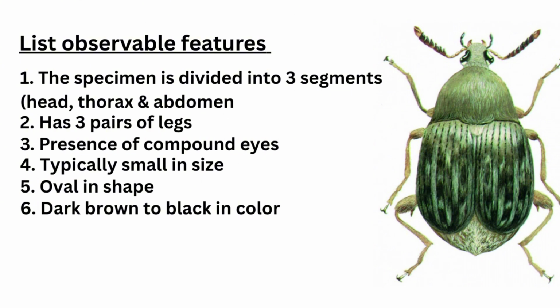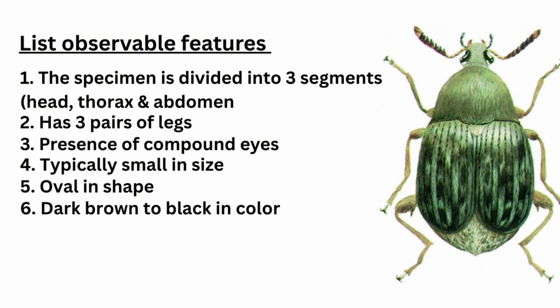Now, one of the likely questions you should expect is to list observable features. This is very important. You look at the specimen, you observe it. Now, what are the observable features of the weevil? First, the specimen is divided into three segments. Normally insects are divided into three segments.